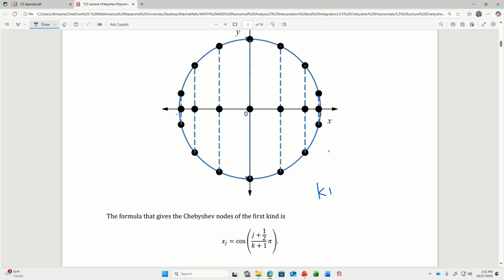And j is your index, because we're going to choose a bunch of different j's from 0 to k.